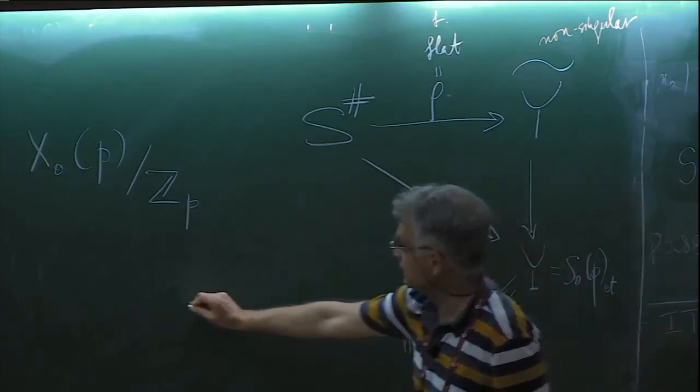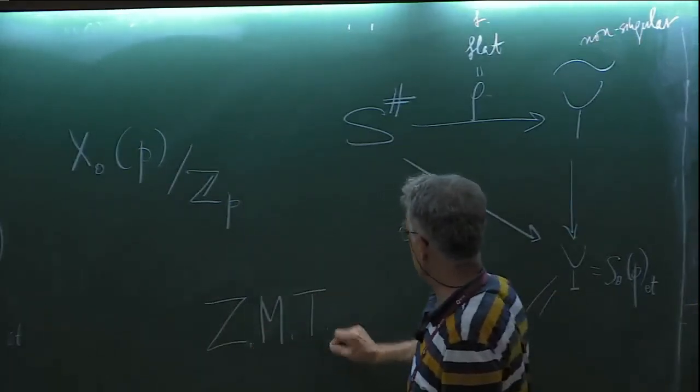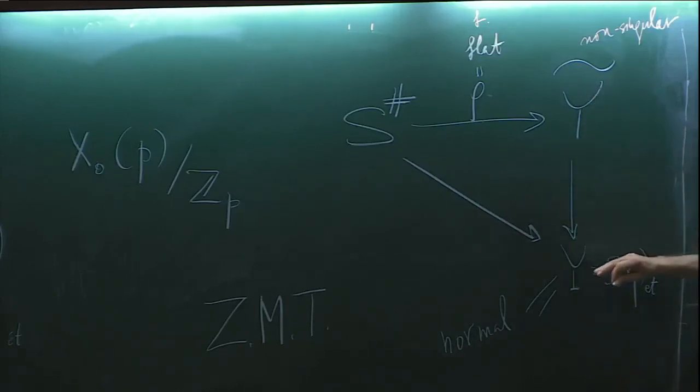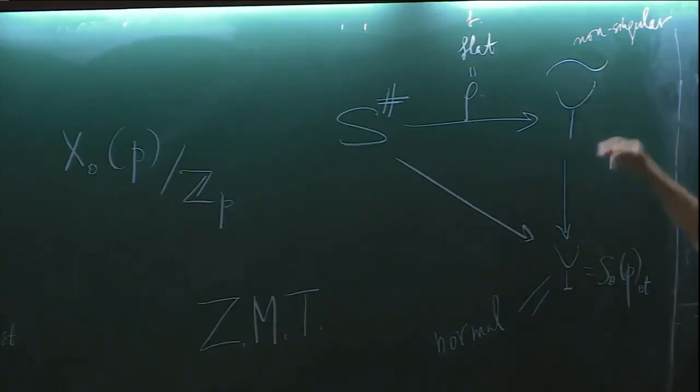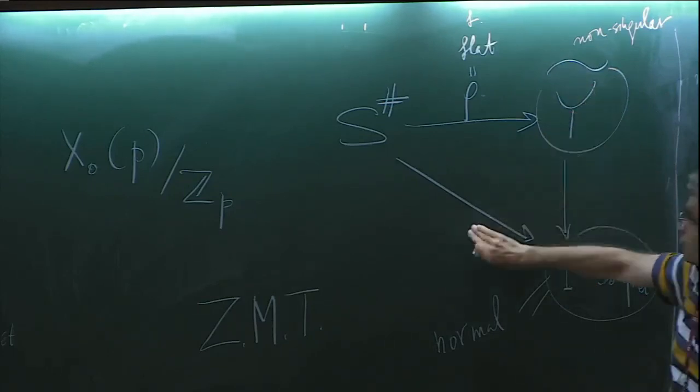So you're right in the setup to apply Zariski's main theorem. Zariski's main theorem tells you that if this is a birational isomorphism and this is normal, then this should be an isomorphism. So what you get is that this is this, therefore non-singular, and that this map is flat.